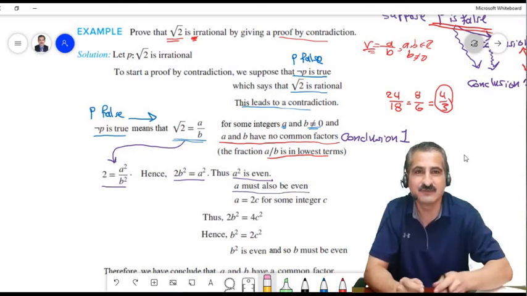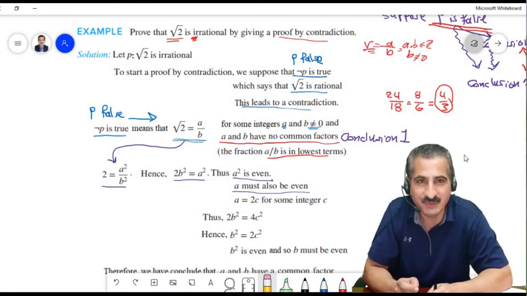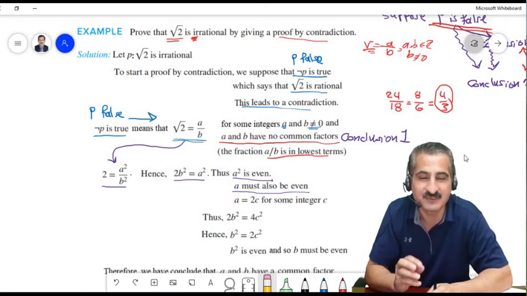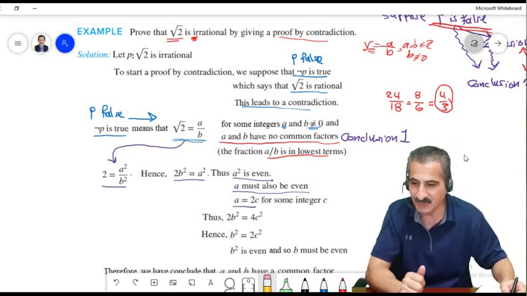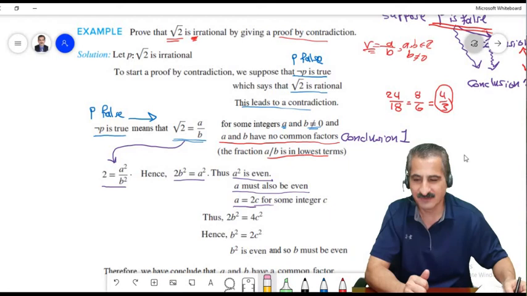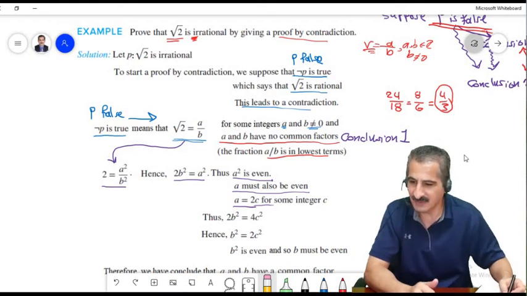Because if you take an odd integer and square it, the result will be odd. That means if the square of some integer is even, then that integer was already even. Good. So which means 2 divides A.